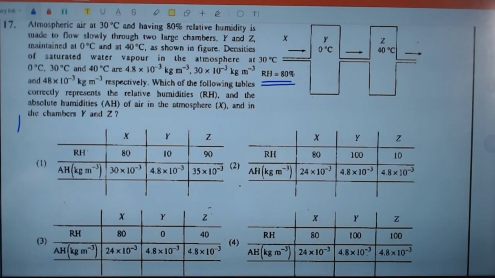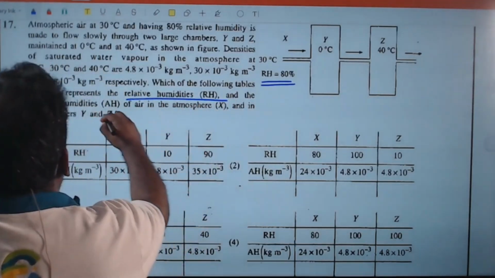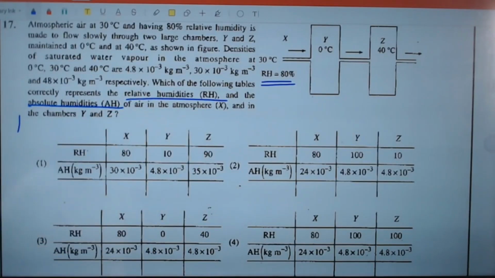SVP at 0, 30 and 40 are given. Which of the following tables represent the relative humidity and absolute humidity of air in the atmosphere X, Y and Z.